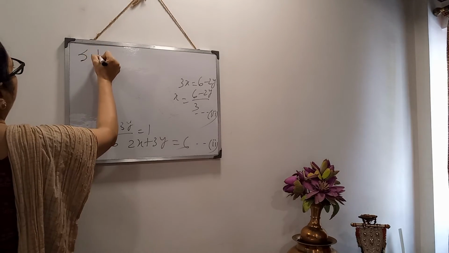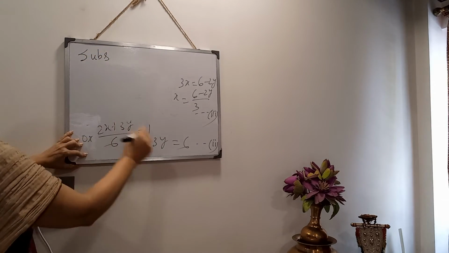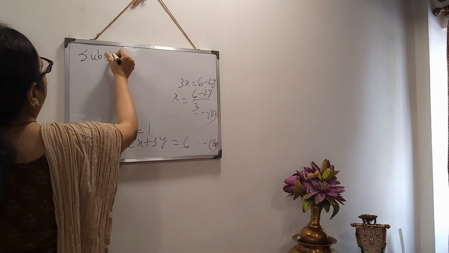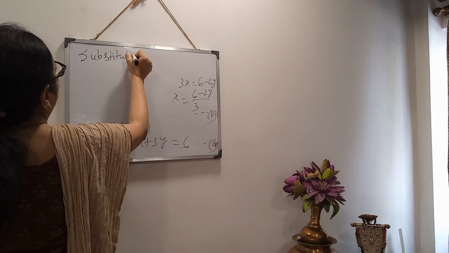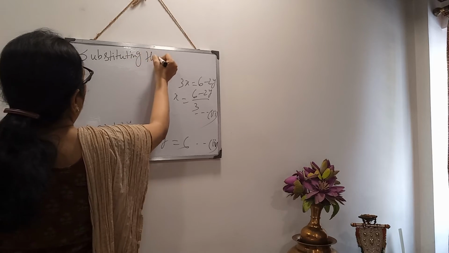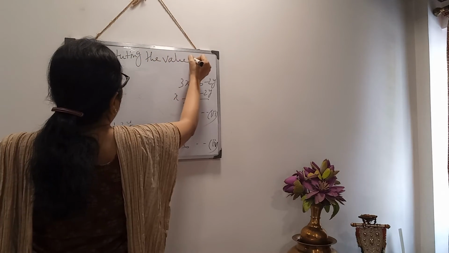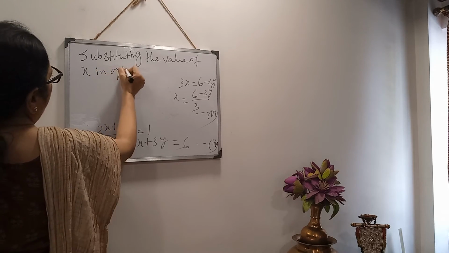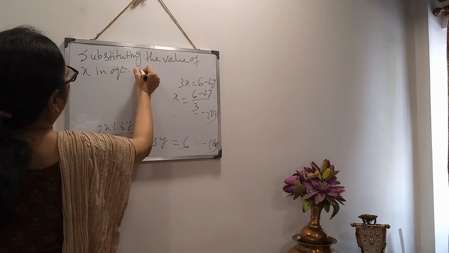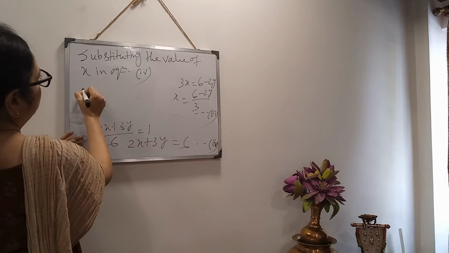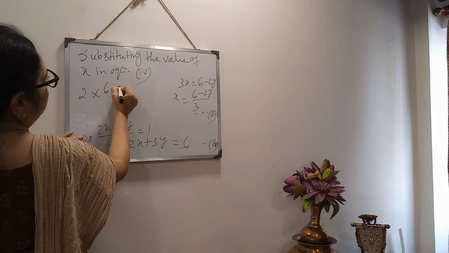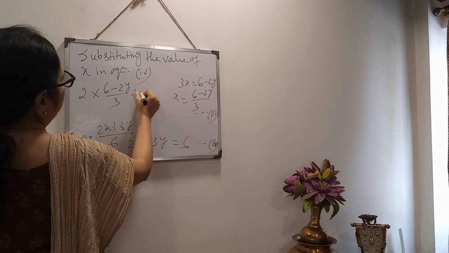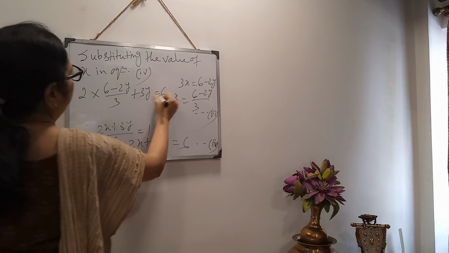Substituting the value of x in equation 4. So 2 into (6 minus 2y) by 3, plus 3y equals 6.